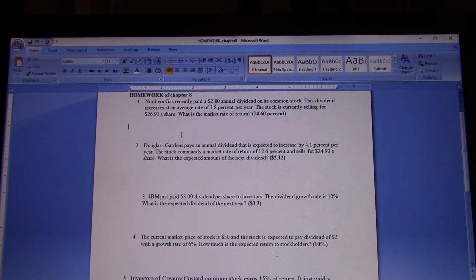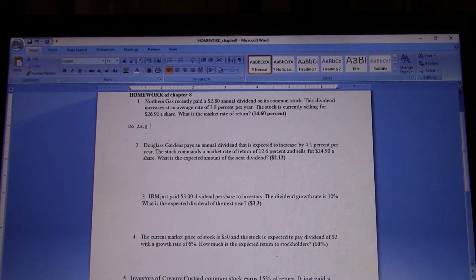The first question: the company just paid $2.80. Since the company recently paid, this has already happened, so this dividend should be D0. So D0 is 2.8, and the dividend increases at an average rate of 3.8%.